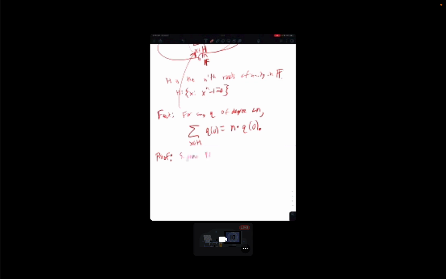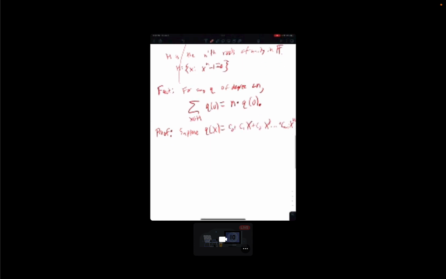So let's suppose Q of x is c0 plus c1 times x plus c2 times x squared up to c_{n-1} times x to the n minus 1. Okay. Let's focus on c1 times x. So we're interested in summing up Q's evaluations.